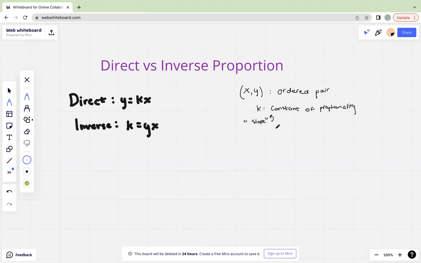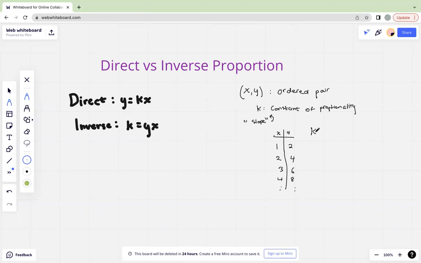Say you have an x and y table. Your x value is 1, your y value will be 2. Say your x value is 2, your y value will be 4. If it's 3, then 6, 4, 8, and so on. Notice how no matter what, the ratio between y and x is always 2.